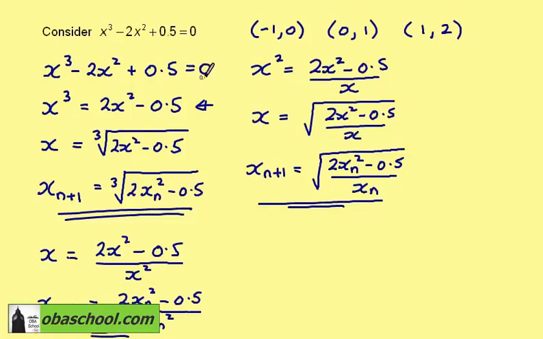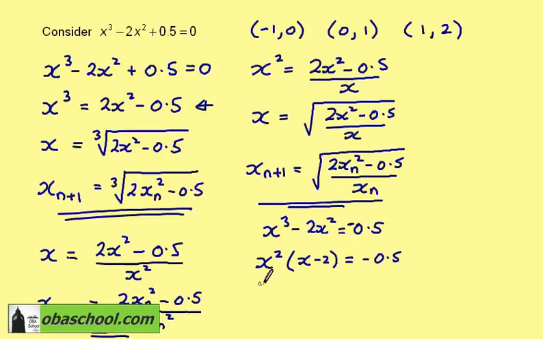Let's go back to the original equation. What we could do here is take the 0.5 across to the other side, giving us x cubed minus 2x squared is equal to minus 0.5. On the left-hand side, we could take out the common factor of x squared and open a bracket, giving us x minus 2.